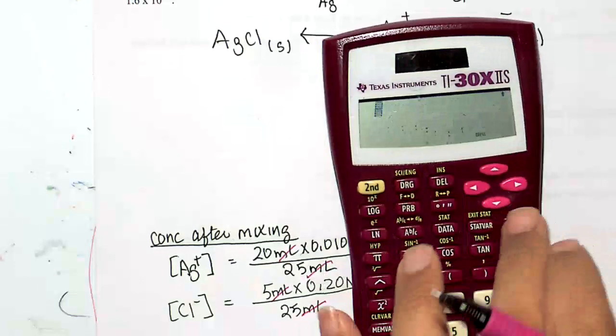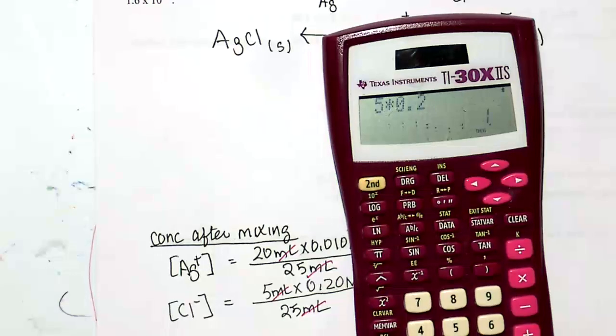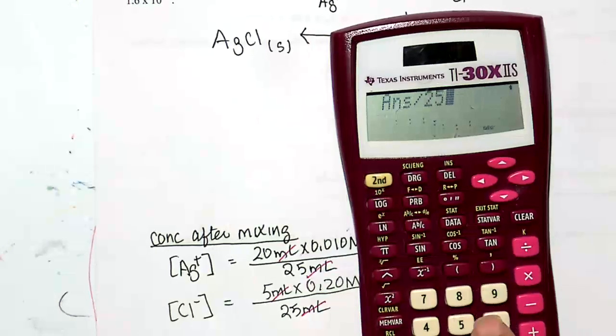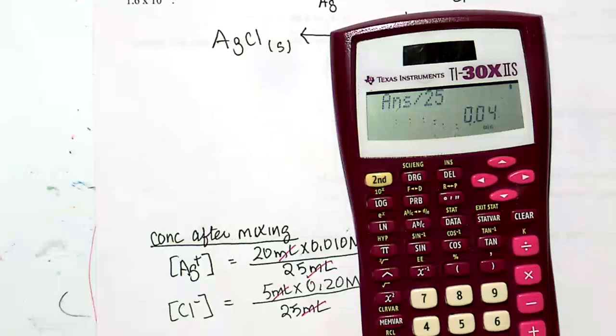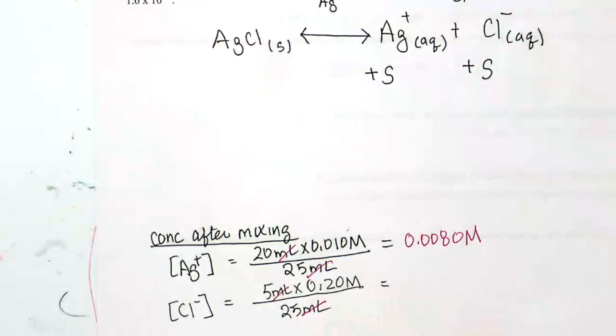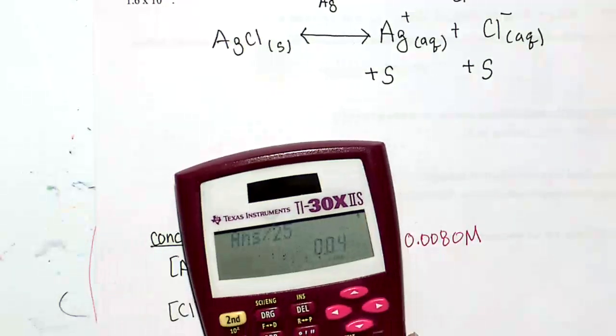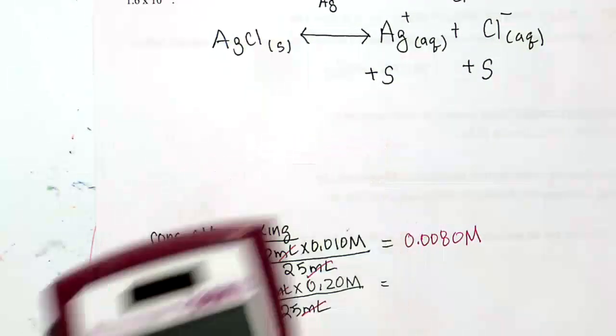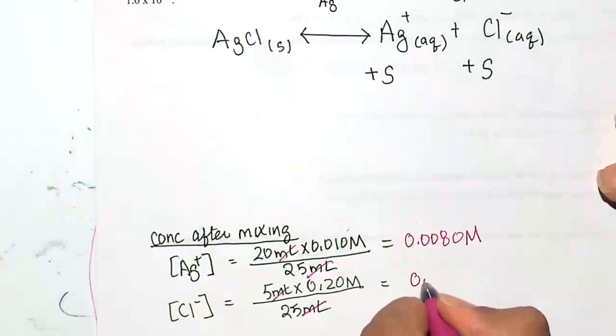Okay, 5 times 0.2, is that 1? 1 divided by 25, what is that, 0.0065, 625, something? No, I was way off. 0.04, okay? See, I can't do mental math.